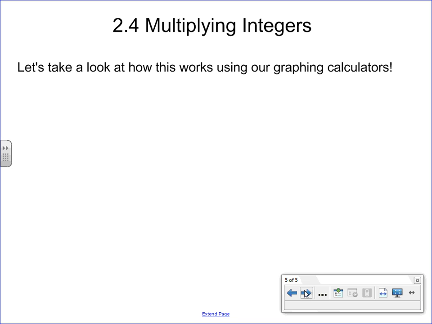All right, let's take a look at how we can use our calculator to multiply integers.